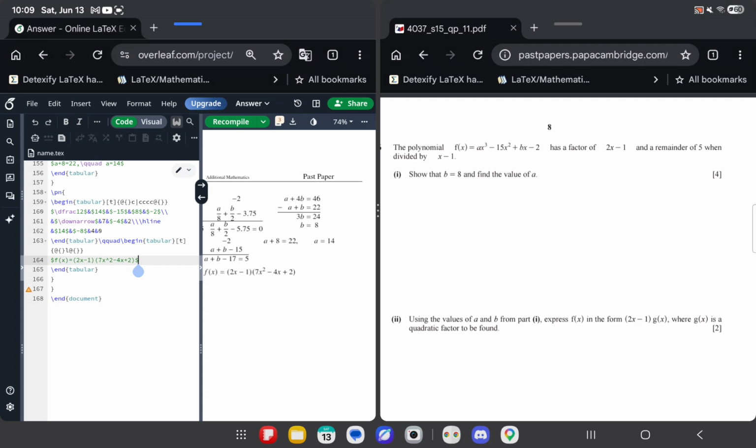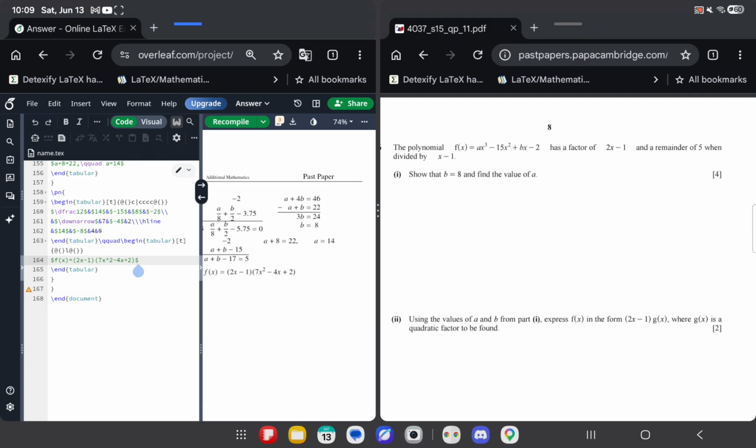That would be a half times f of x all over x minus a half. Okay, if we redistribute the denominator, we would find 2x minus 1 again. But we are not talking about that. When we find this value, we get a half times this quadratic that we found.